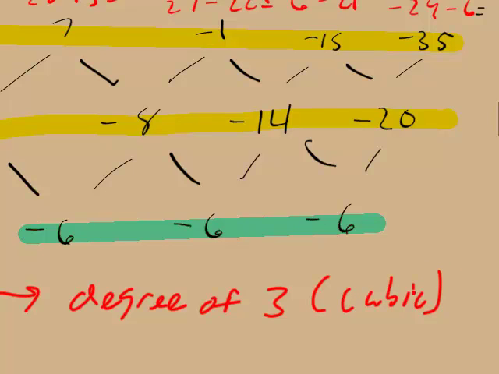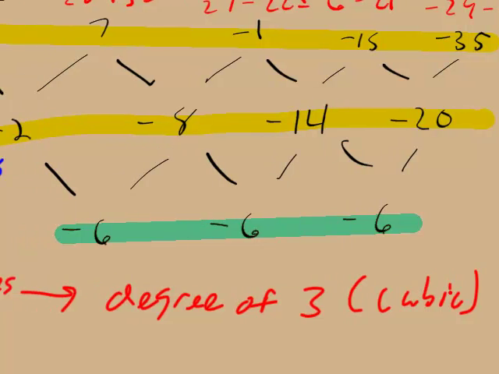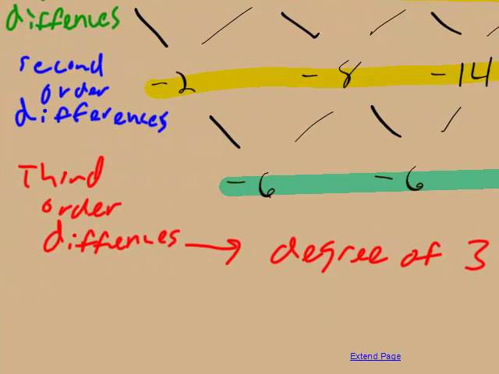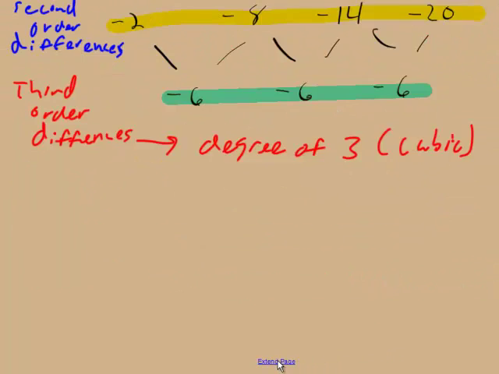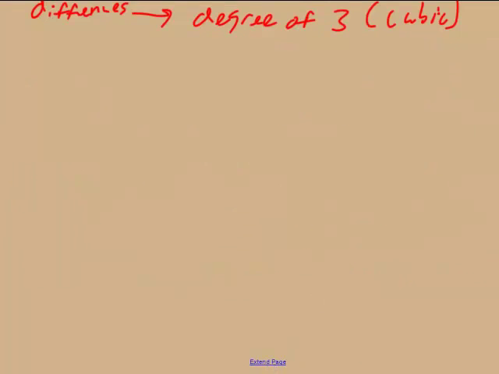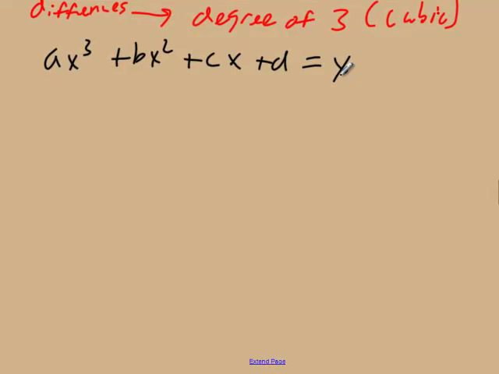It's going to be a cubic function, and the standard form of a cubic function can be written as ax cubed plus bx squared plus cx plus d, equals our constant, which I'll call y. And so that's the standard form.